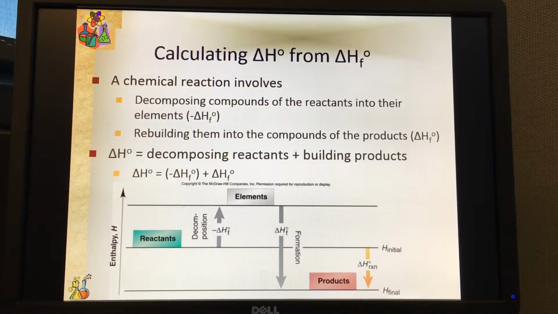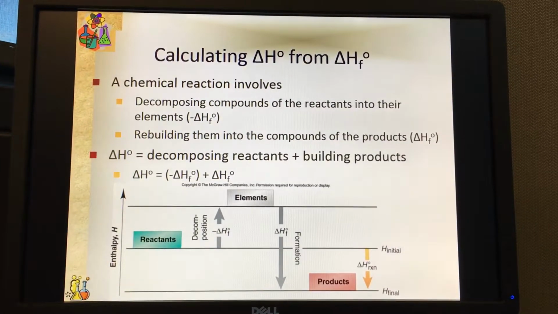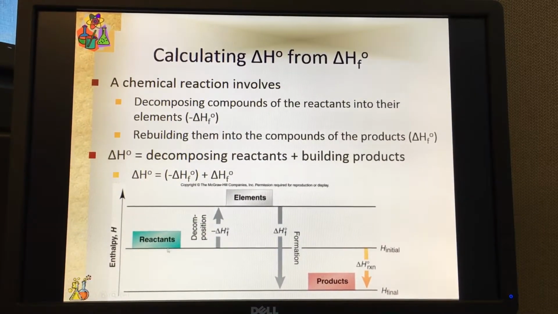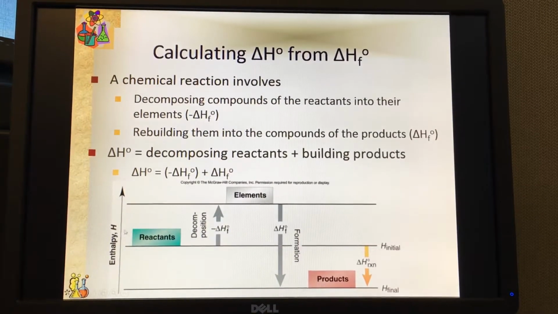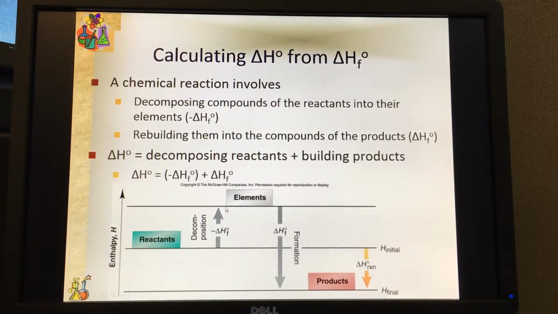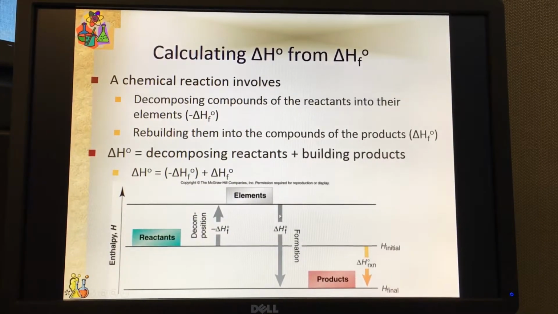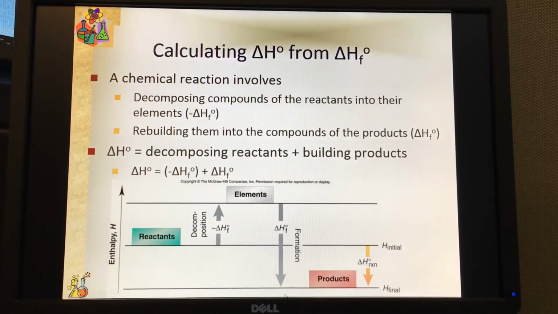So the enthalpy of formations can be used to break down compounds into their elements and then elements into compounds. This can be seen here where we have our reactants. The reactants we can think of as decomposing into their pure element form, or negative enthalpy of formation. Then if we take the pure elements and form them into the products, we have a positive enthalpy of formation.